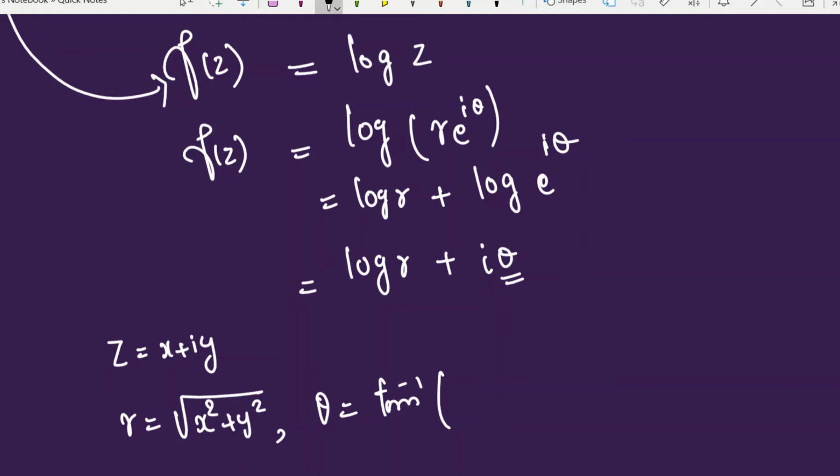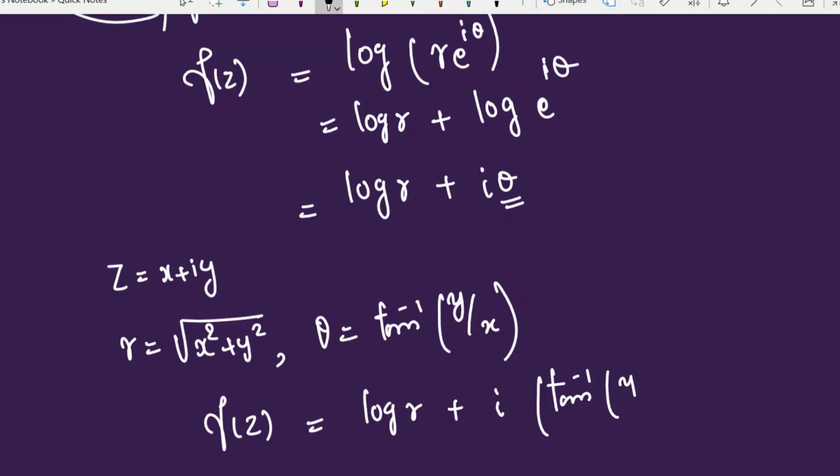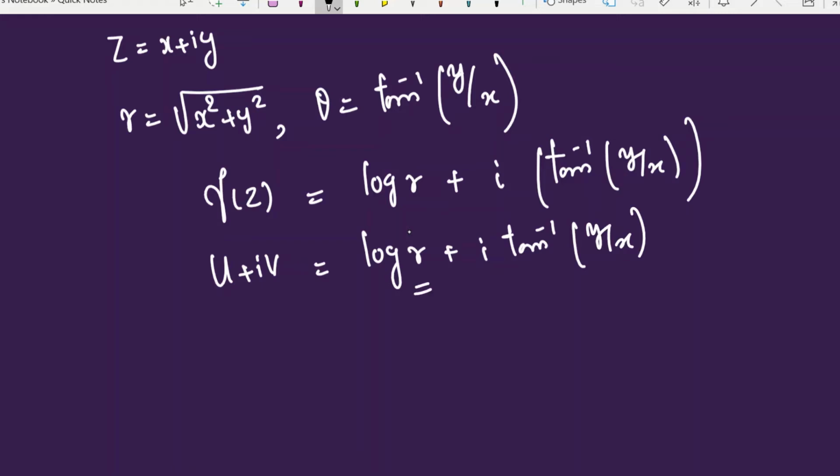So now f of z equals log r plus i into theta, where theta is tan inverse of y by x. So f of z is u plus iv, that is log r plus i into tan inverse of y by x. But here it is in polar form, and we need it in Cartesian form.